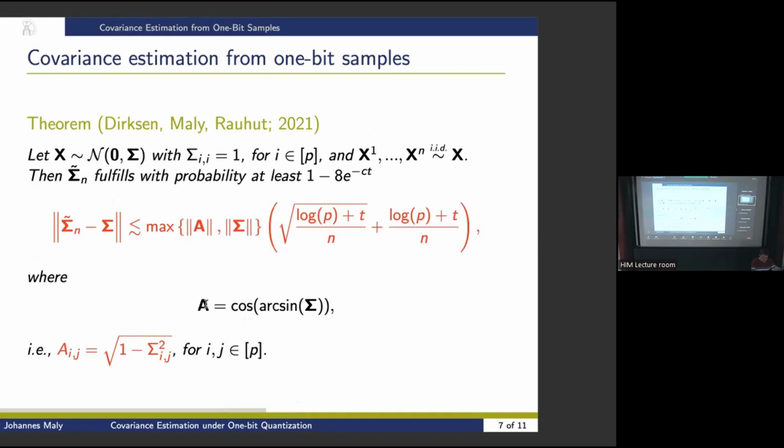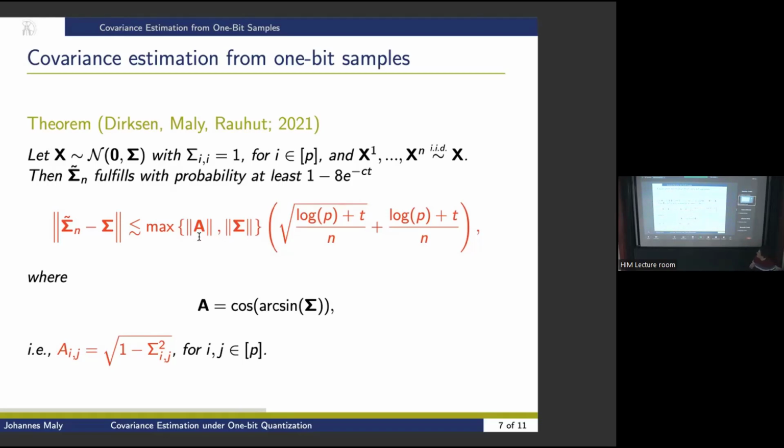This matrix A is in fact the entry-wise cosine of arcsine of sigma, which has entries that look like that. So they are kind of counterparts to the original sigma entries. And this means the influence of p is now hidden in this matrix A.